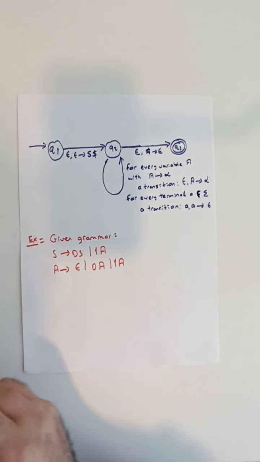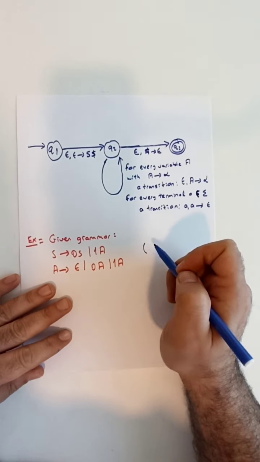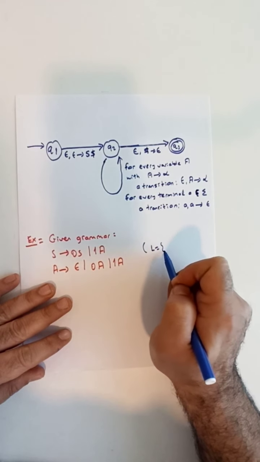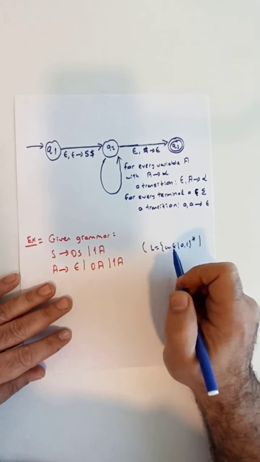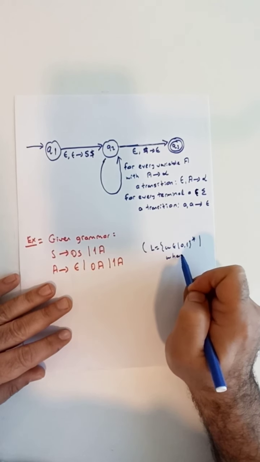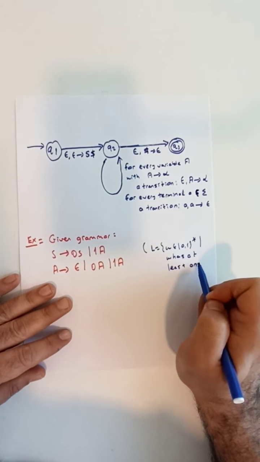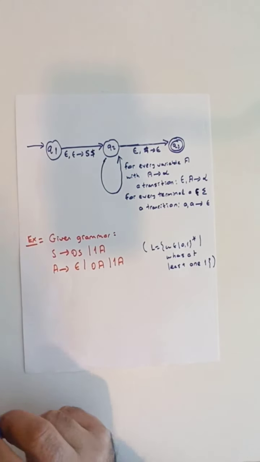So in parentheses, we can simply type down the language that it generates. Basically L is equal to the set of W in {0,1}* such that W has at least one symbol 1.